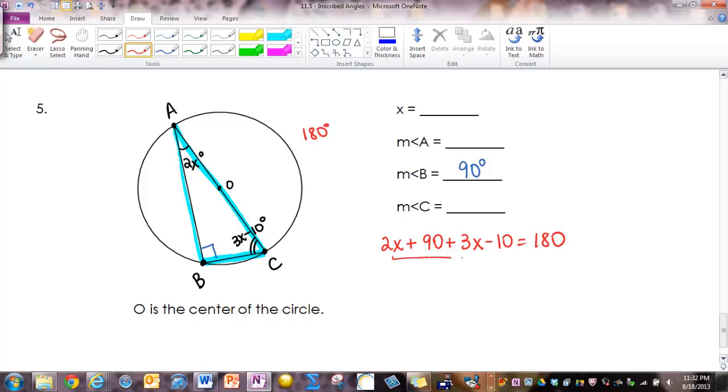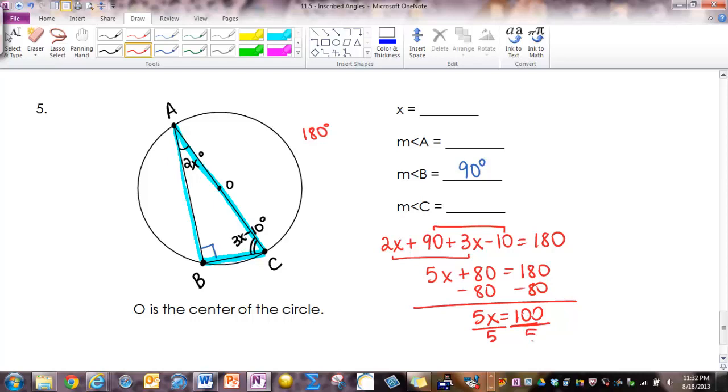Collecting my like terms here, 2x plus 3x is 5x, 90 minus 10 is plus 80 equals 180. Subtracting 80 from both sides, I get 5x is 100 degrees, divided by 5, and x equals 20 degrees. And I'll fill that in under my answer blank.